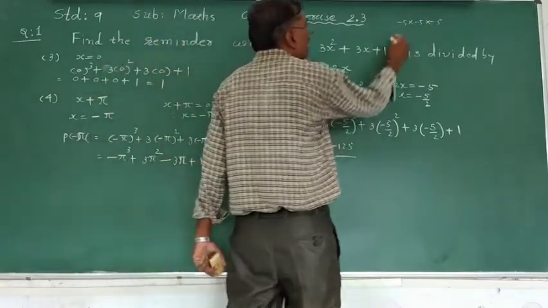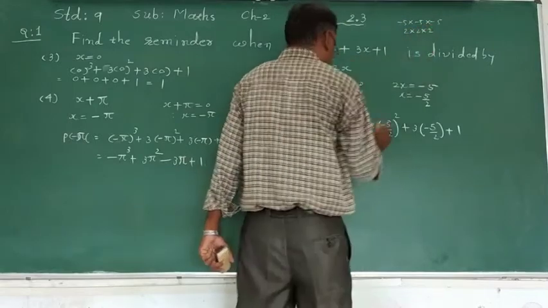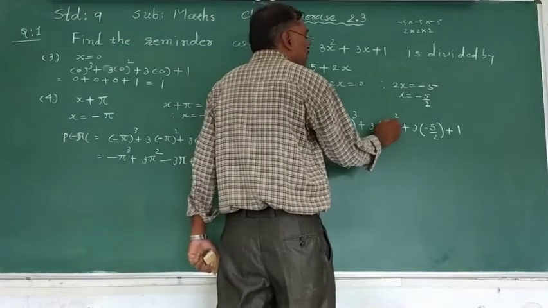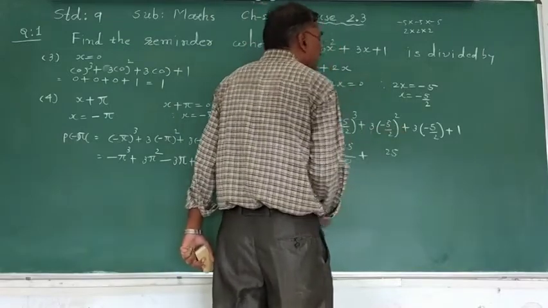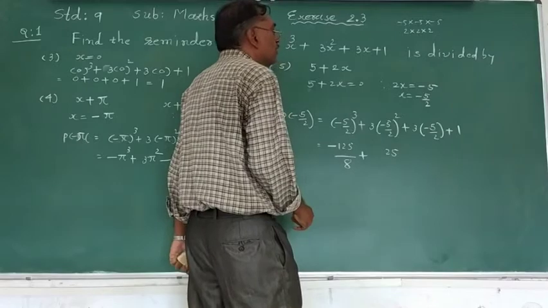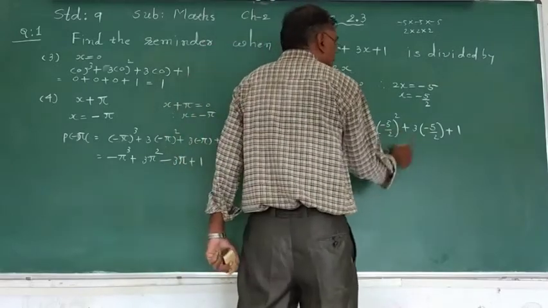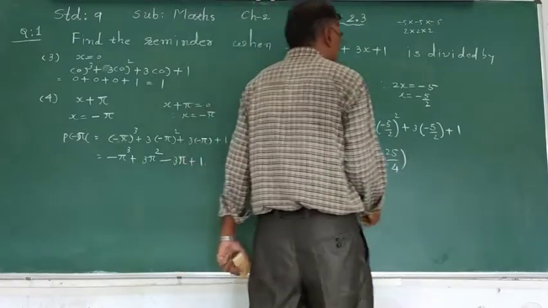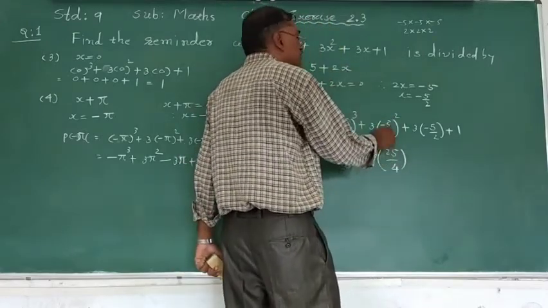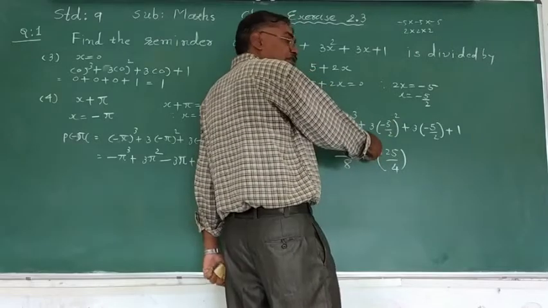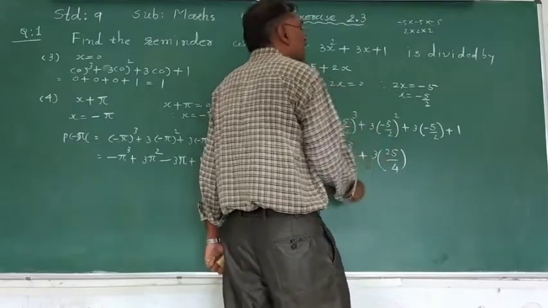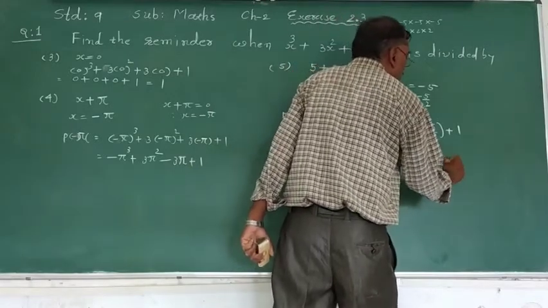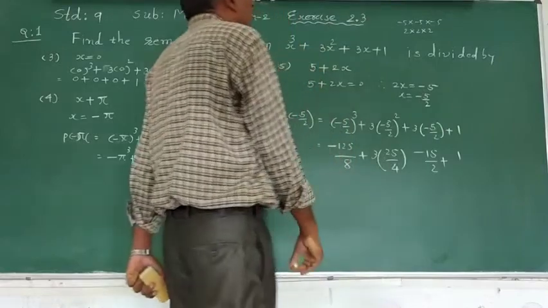And 2 cube is 8, plus minus 5 square is 25. Okay, and 2 square is 4, and 3 is there. The square of a negative number will be positive, so minus 5 square is 25. 3 5s are 15, minus upon 2, plus 1.